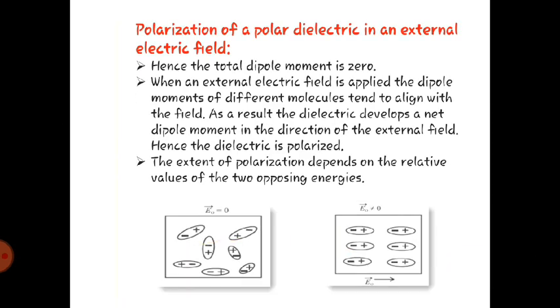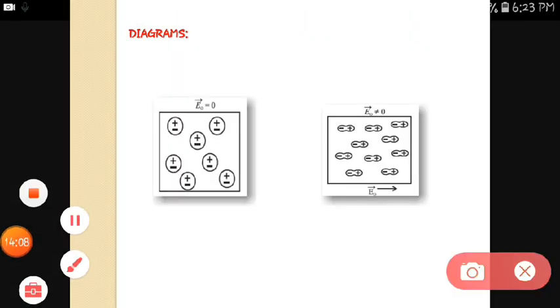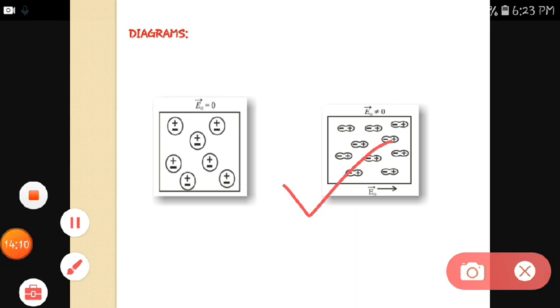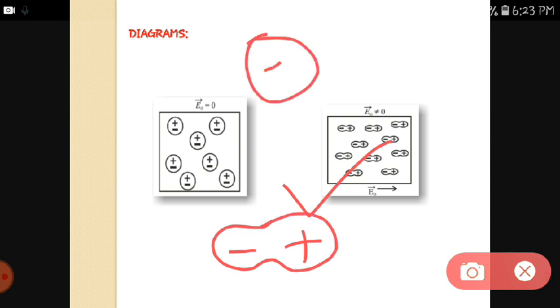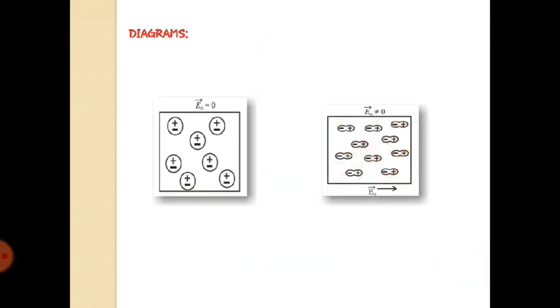And in the second one, when an electric field is given to it, they start to separate, as they were in a single circle, plus and minus. When they start to separate, they give dipole moments. This one has some dipole moment, this one has some, so all of them have some dipole moment in a certain direction, so the net will be the sum of all of these. So this we have seen.